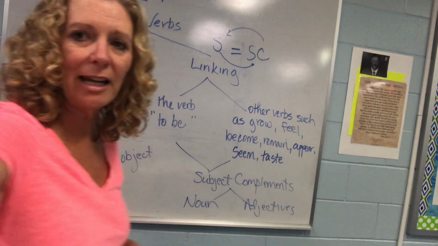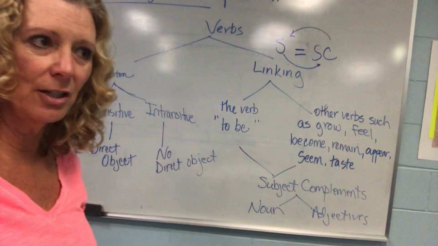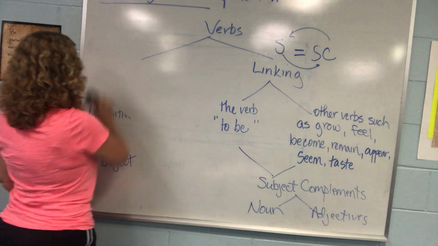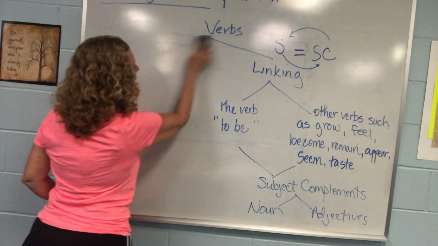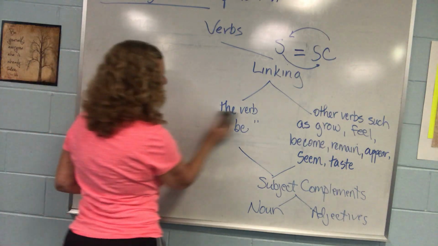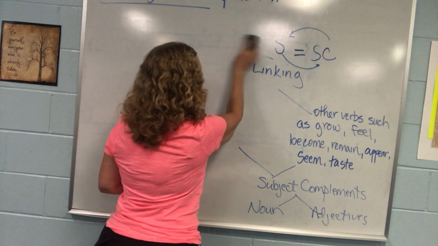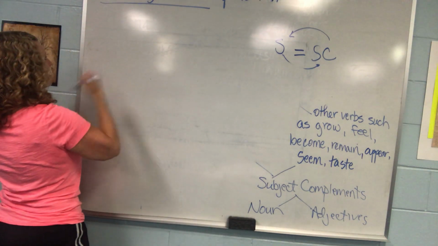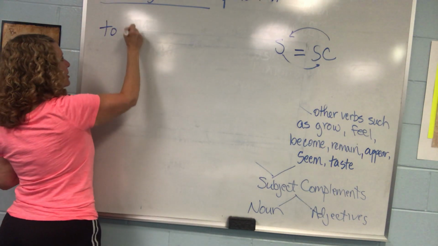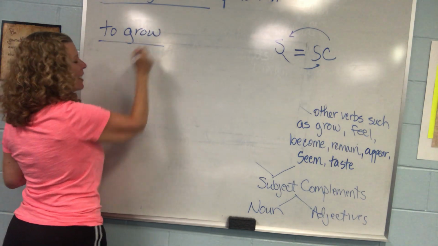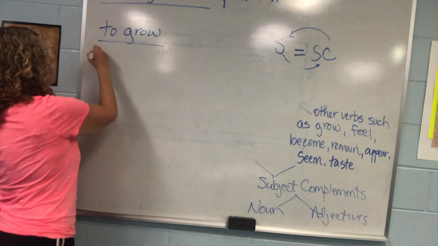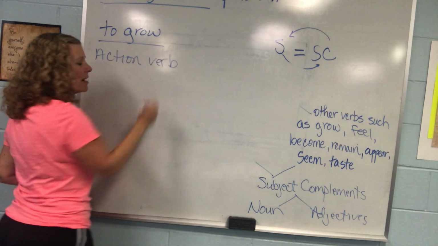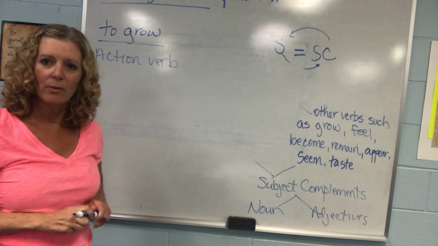So let me give you a real simple example that you can include in your notes. First, I'm going to erase this. And I'm going to use the verb to grow as an example. Now again, grow can be a linking verb or an action verb. So we'll put to grow. If I use it as an action verb, then I'm probably going to have some kind of a direct object.